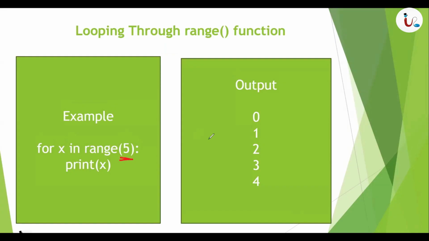The starting value will by default be 0 and it will be automatically incremented by 1, up to 5, which means it will be printing from 0 to 4. The 5 will not be printed, it will only print from 0 to 4. All right. Now let's look at some coding examples.